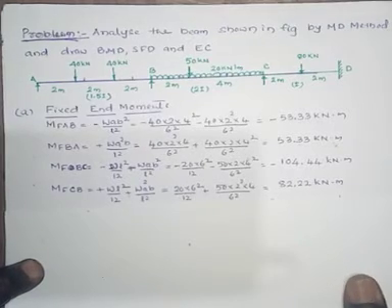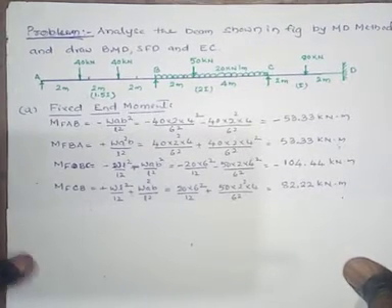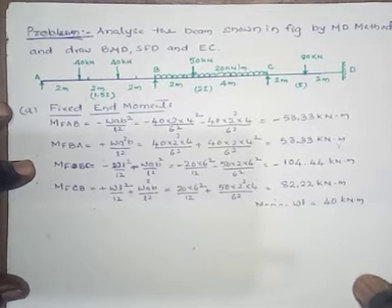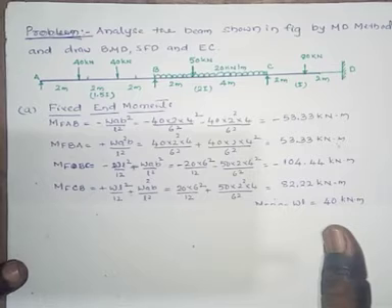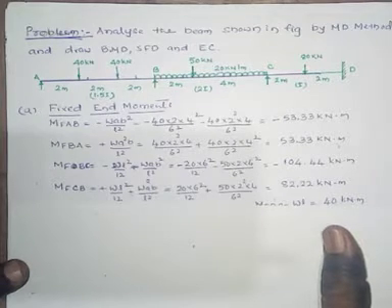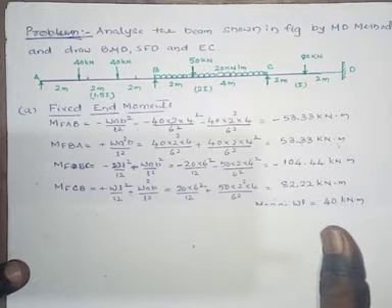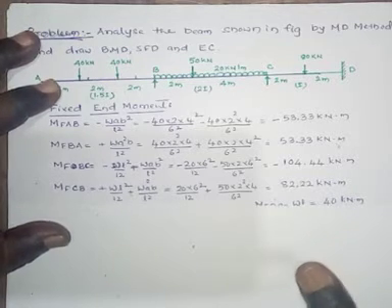Then MFCB, that one is clockwise, that is W L square by 12 plus W a square b by L square. Then that equals 20 into 6 square divided by 12 plus 50 into 2 square into 4 divided by 6 square, that equals 82.22 kilonewton meter.